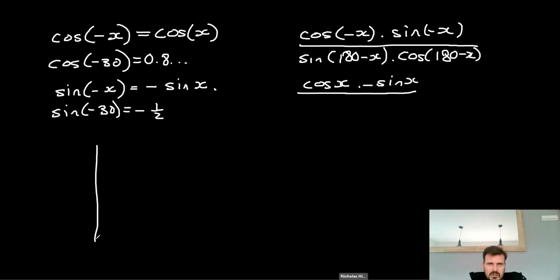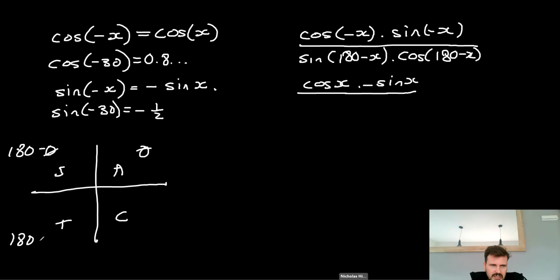And then here, you just quickly draw your quadrant, CAST, and then you have your theta, 180 minus theta, 180 plus theta, and 360 minus theta. Okay, and then you go, right, let me just highlight. It's 180 minus, so it's there, so you go, okay, sine remains positive.